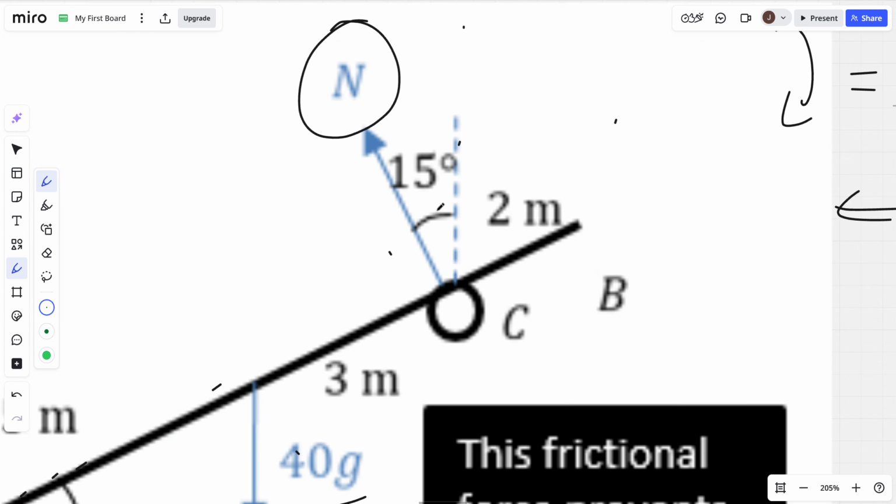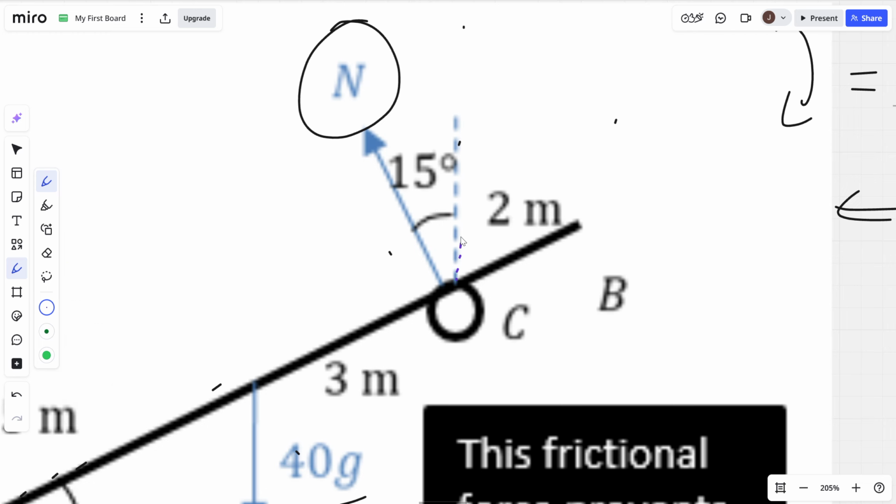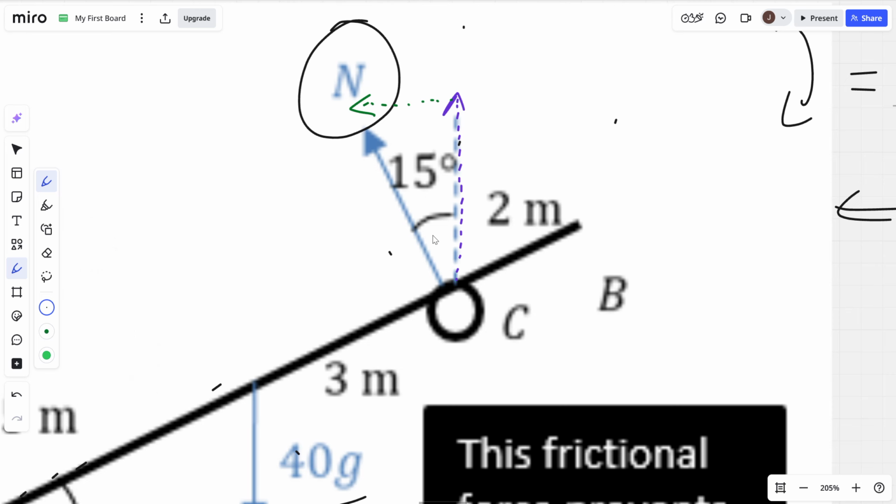So what I want to do is, similar to how we've done in previous sections, I want to split this into up and to the left. Okay. It's 15 degrees in here, and we're calling the hypotenuse n.